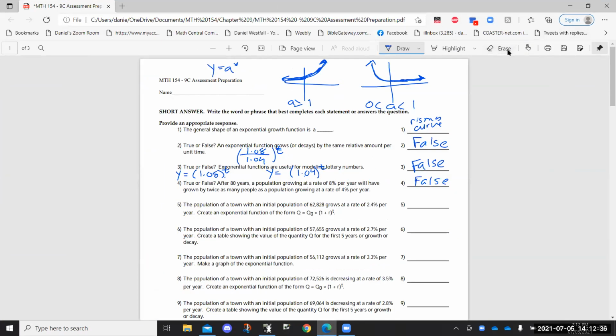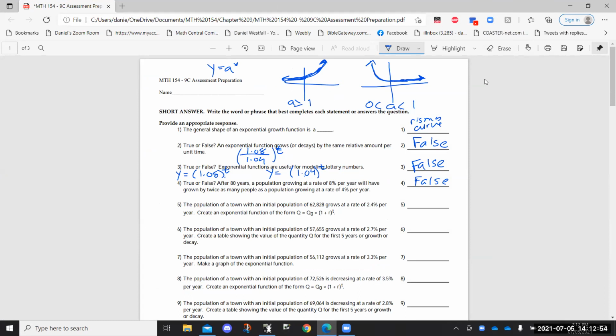A population of a town has an initial population of 62,828. It grows at a rate of 2.4% per year.